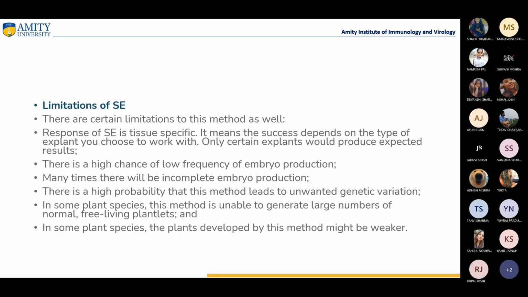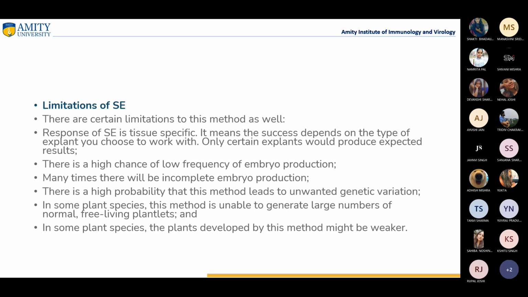So there is a high chance of low frequency of embryo production. Also, there are chances of incomplete embryo production, so that can be again a drawback, right? Then there is a high probability that sometimes this method can lead to some genetic variations also, where we don't want any genetic variation.